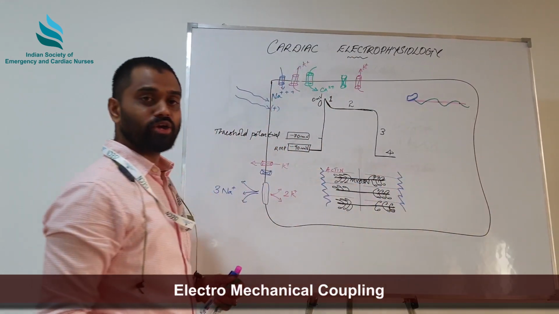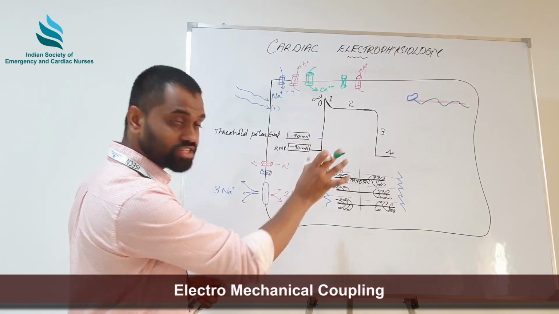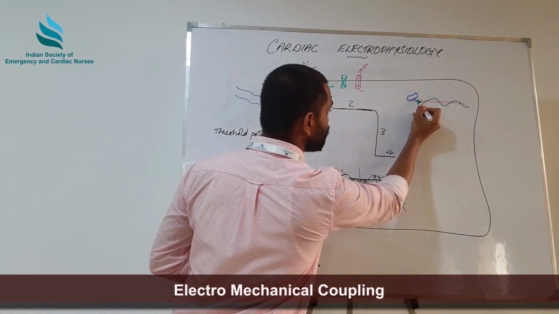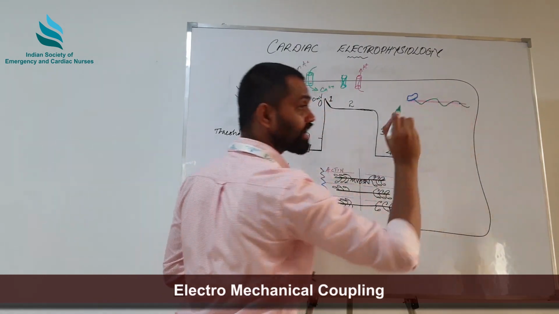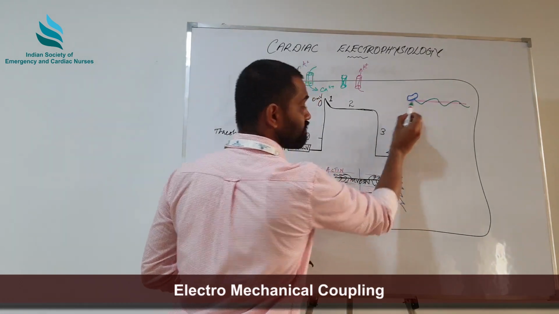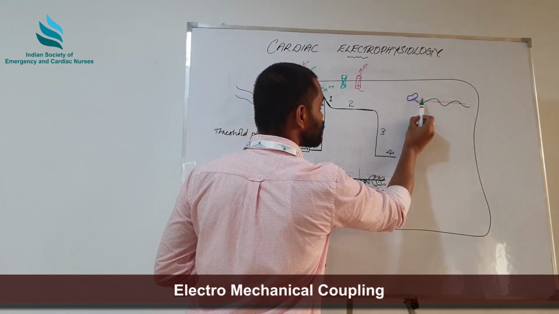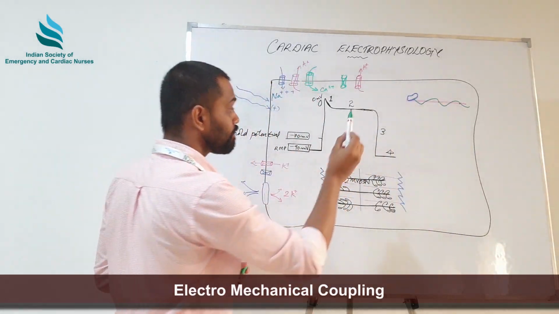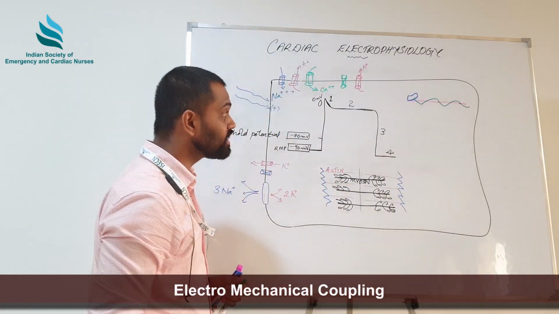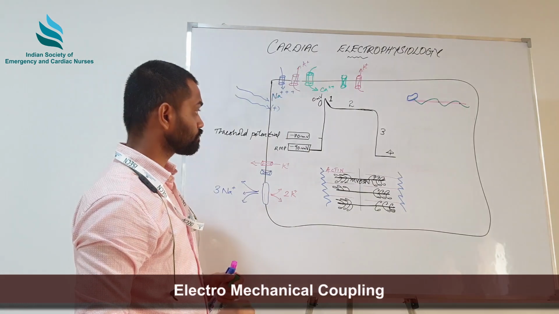The tropomyosin filaments are aligned upon the actin filament in such a way that the binding sites for the myosin head are not exposed. The tropomyosin filament covers the sites for the attachment of myosin heads on the actin filament during the resting phase.